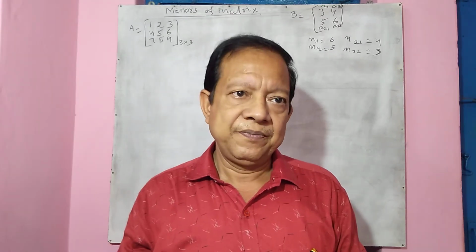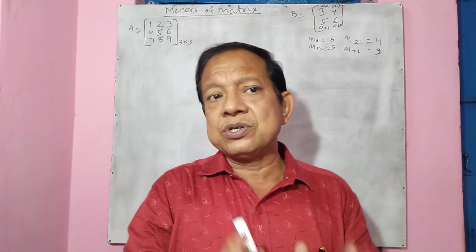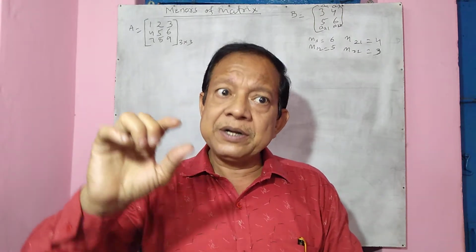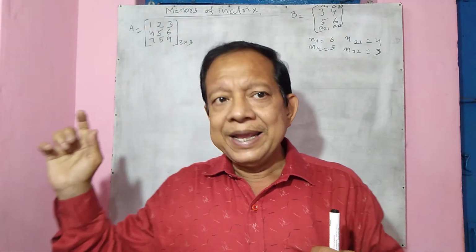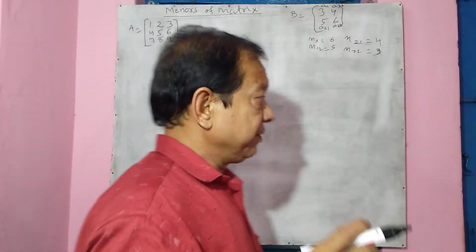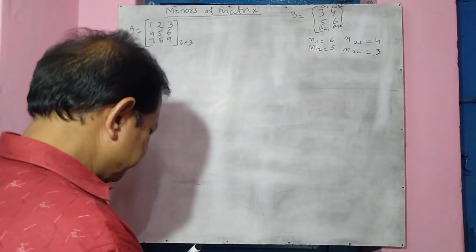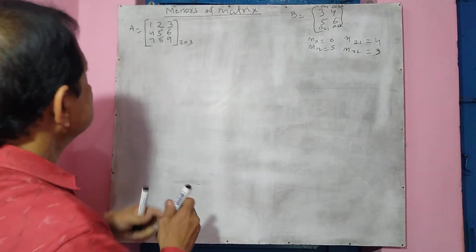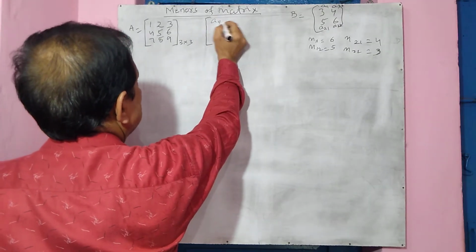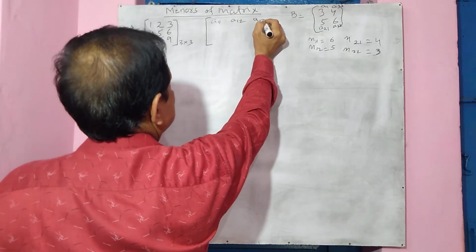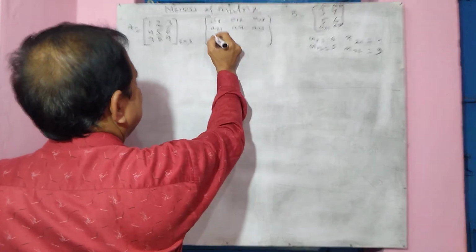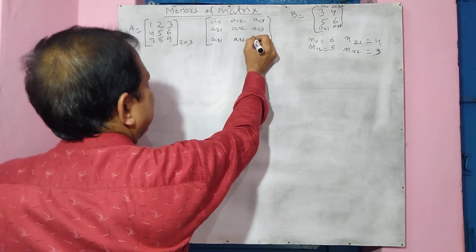How can you do this? The process is the same as we use for finding out the determinant. When finding the determinant we used the same process, only there is one difference that you can notice here. Remember the positions. This is A11, A12, A13, A21, A22, A23, A31, A32, A33.